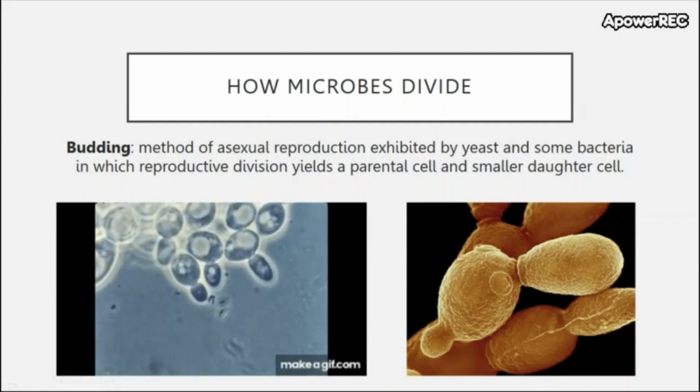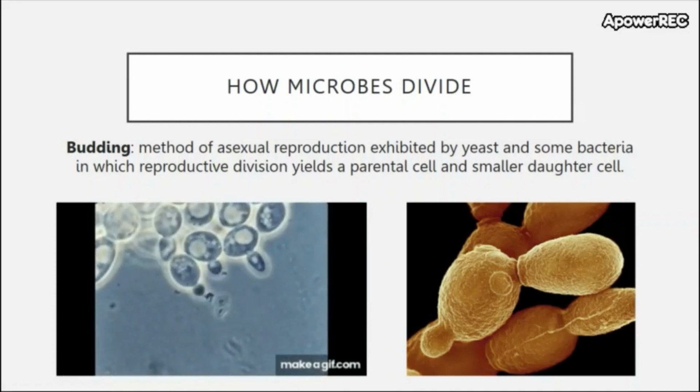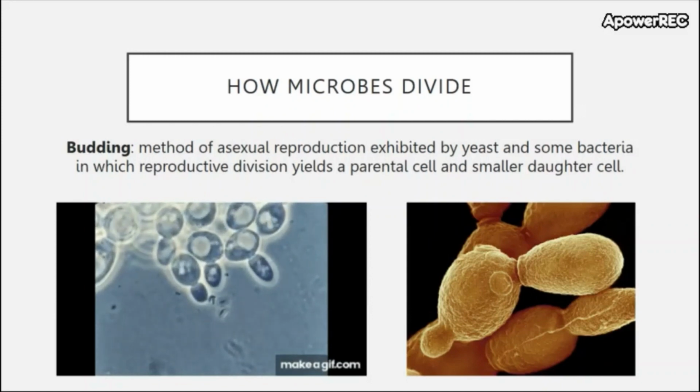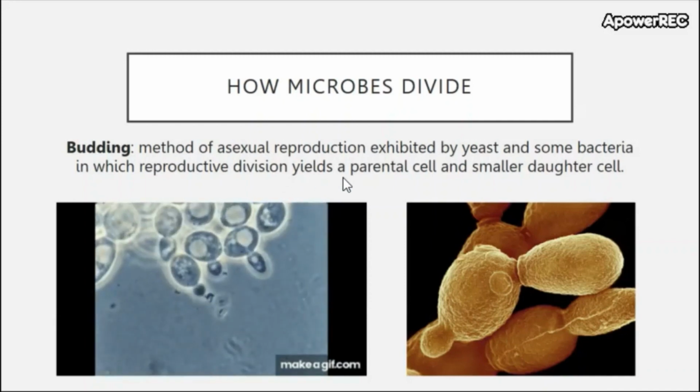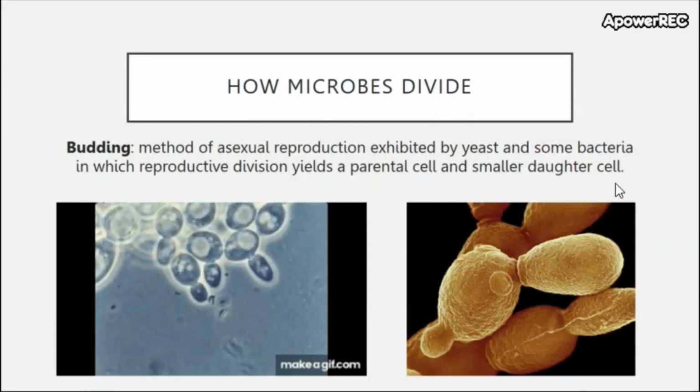There's another method for replication called budding, which is another asexual reproduction, a meaning without, which is exhibited by yeast cells and some bacteria, in which reproductive division yields a parental cell and a smaller daughter cell.